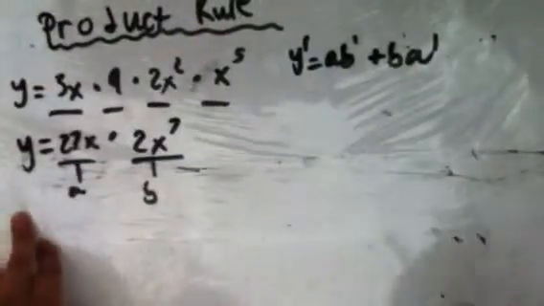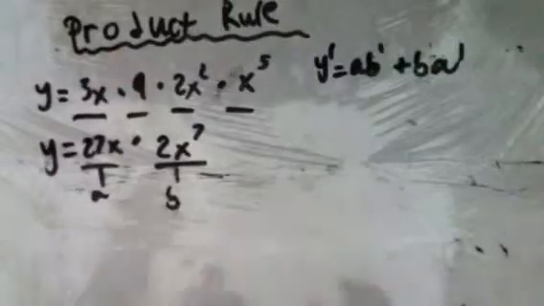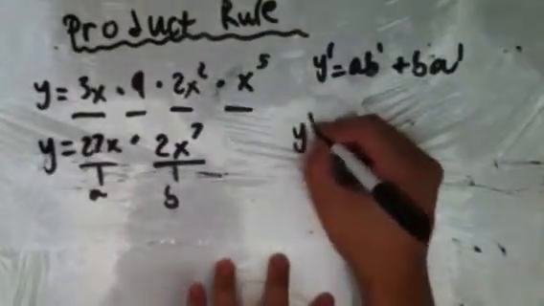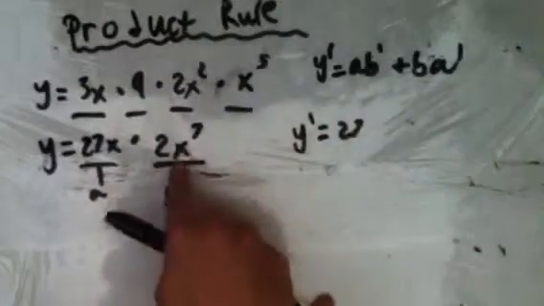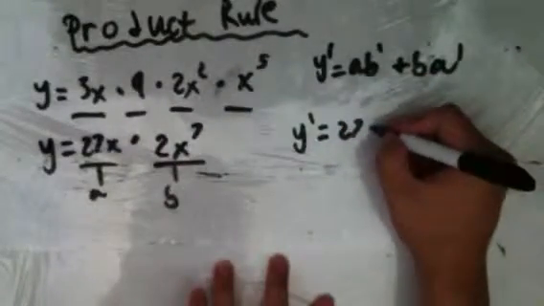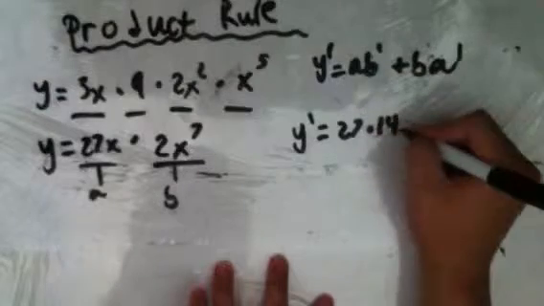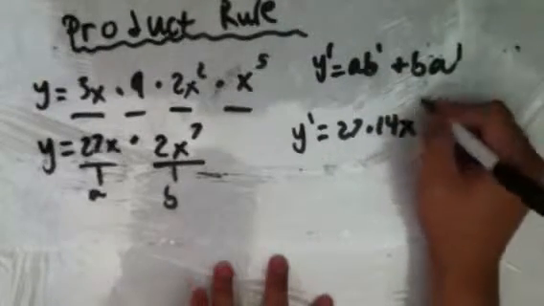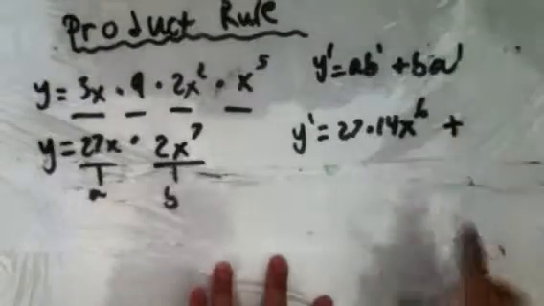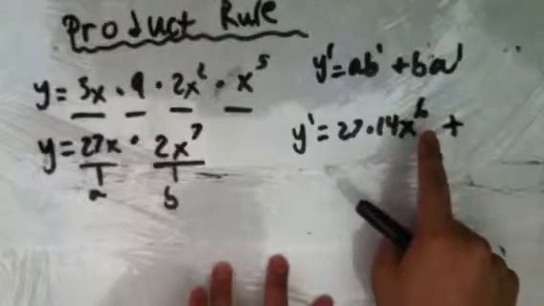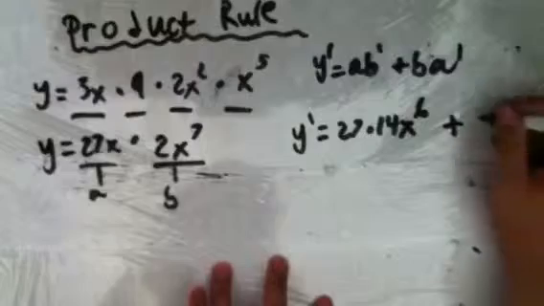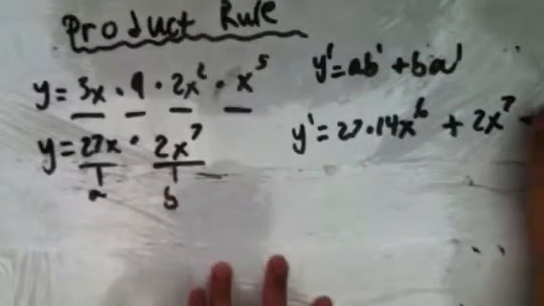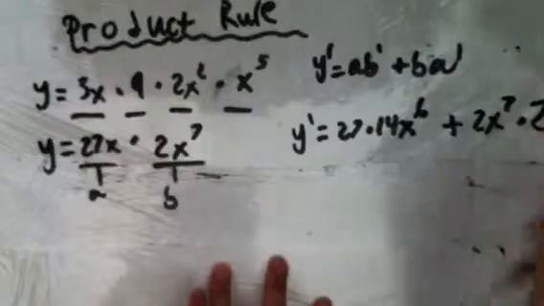Alright. So a times the derivative of b, b would be times 14x to the sixth plus b, like it is, 2x to the seventh times the derivative of a, which is 27.